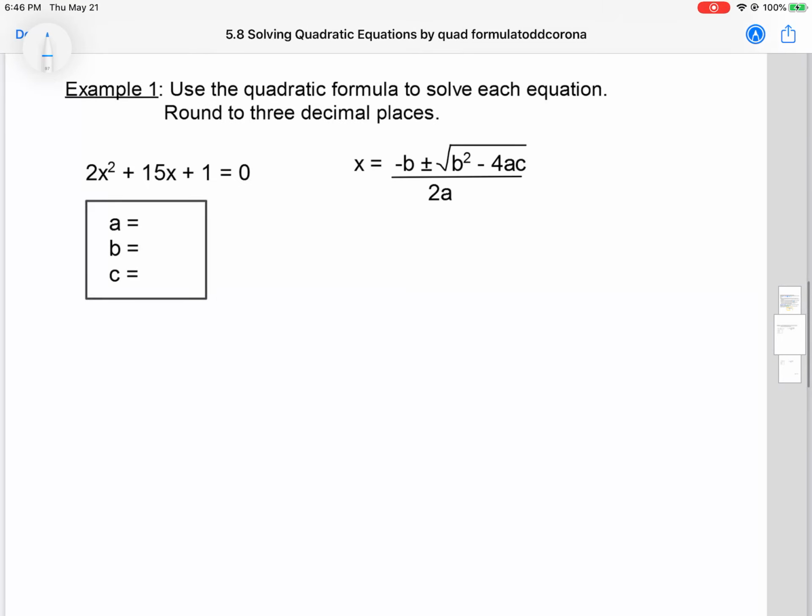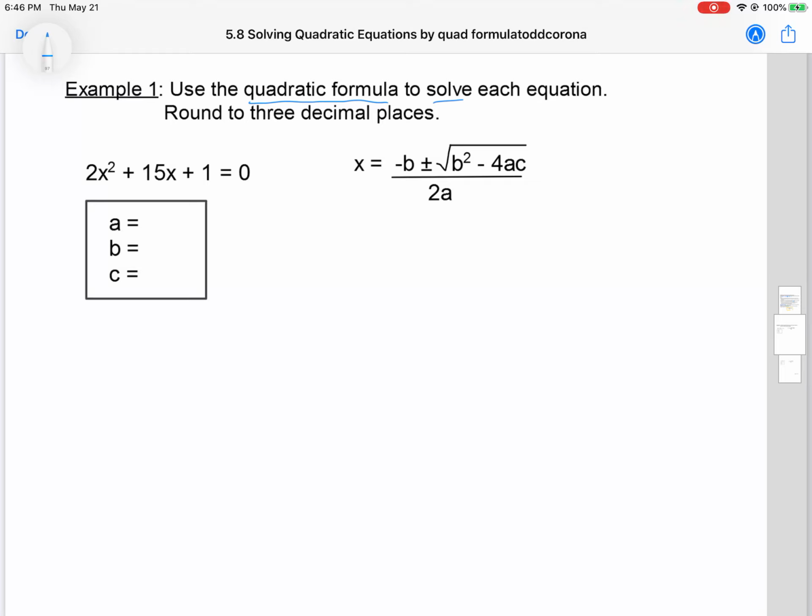And I'm also going to be really emphatic about what you're supposed to do. The question will say, solve the equation using the quadratic formula. So in grade 10, you don't have to try to guess if it's factorable or not, okay?